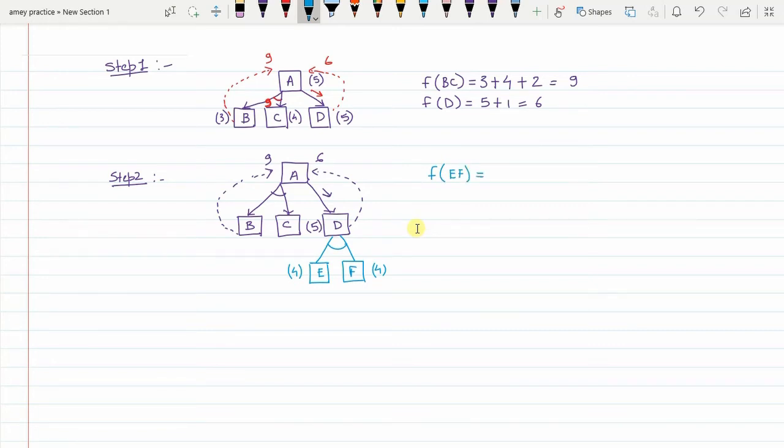The heuristic value of node E happens to be 4, plus 1 unit along this edge, so 4 plus 1, plus the heuristic value of node F, which is 4, plus 1 unit along the edge, so 4 plus 1 will be 5 again.